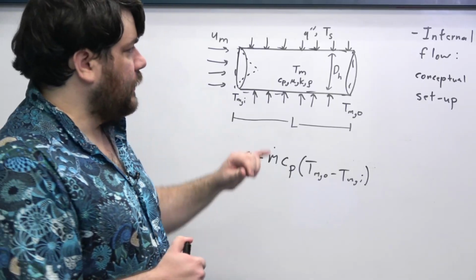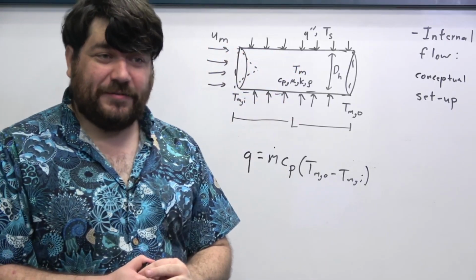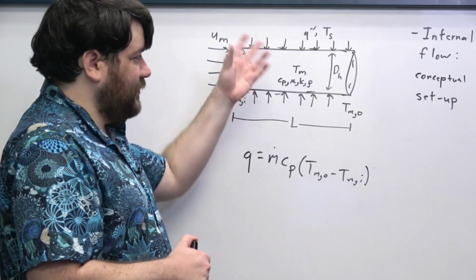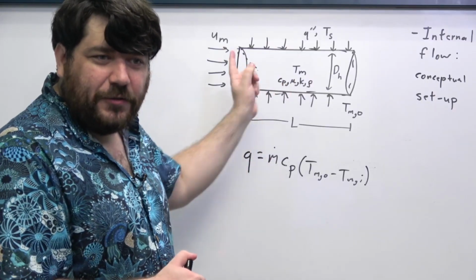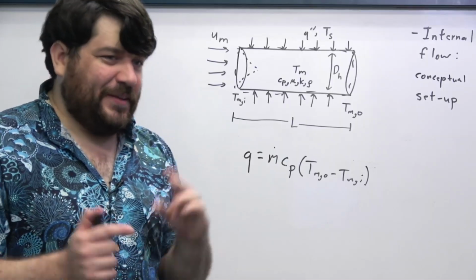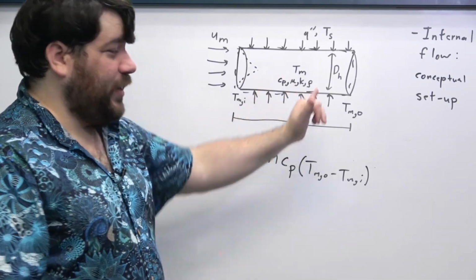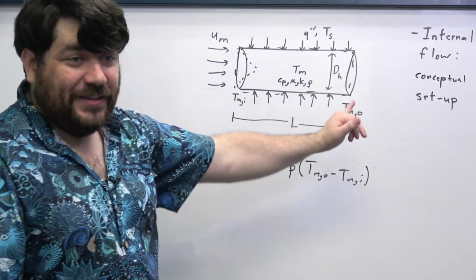Okay? Another thing that I can do is set up a thermostat, some machine that is keeping the surface temperature of this pipe at a fixed number Ts. And then based off of that, we can ask ourselves, how does the temperature of the liquid change as we go from the inlet to the outlet?